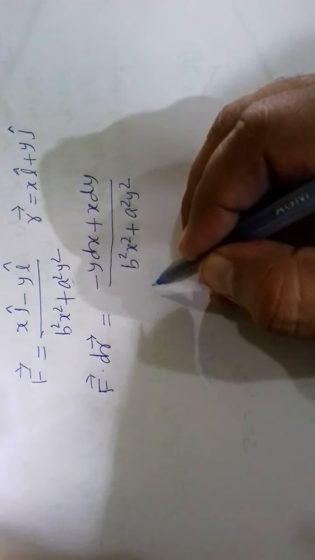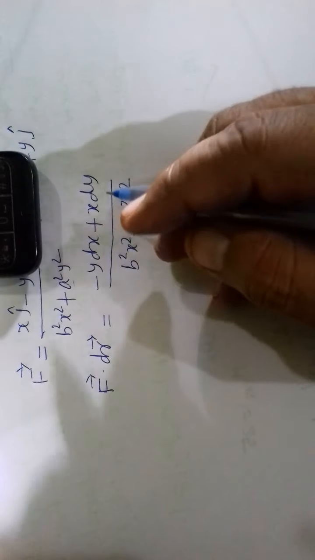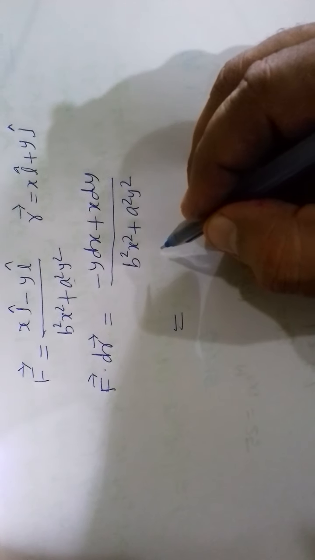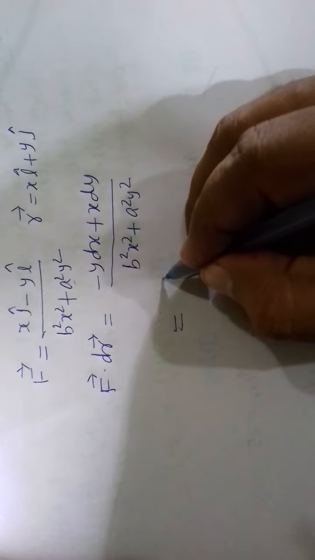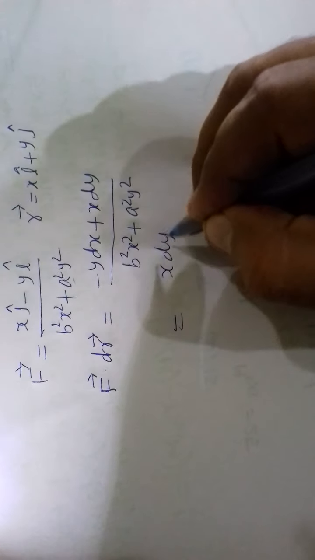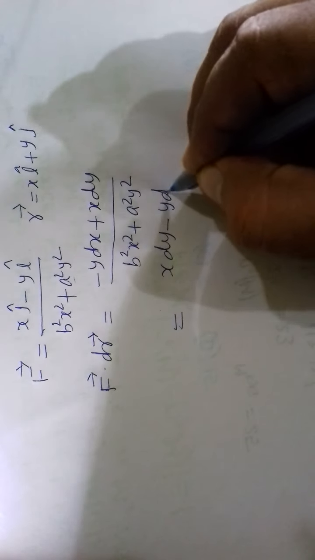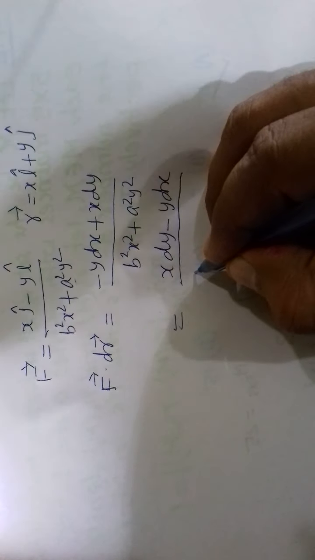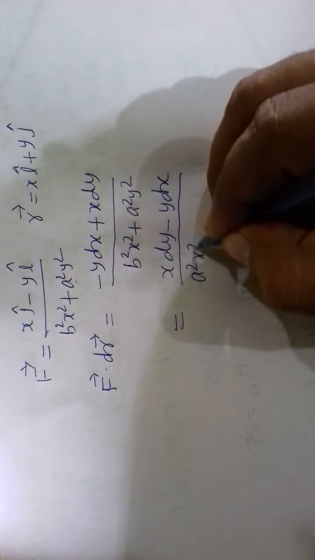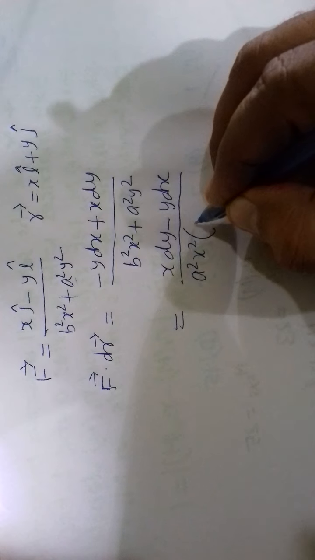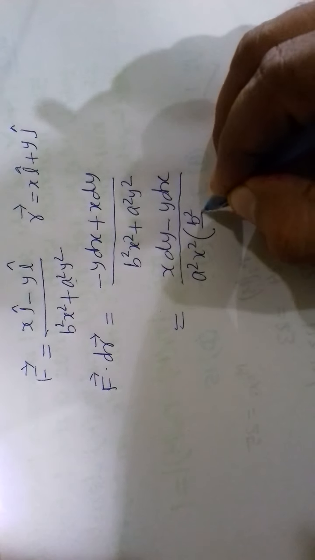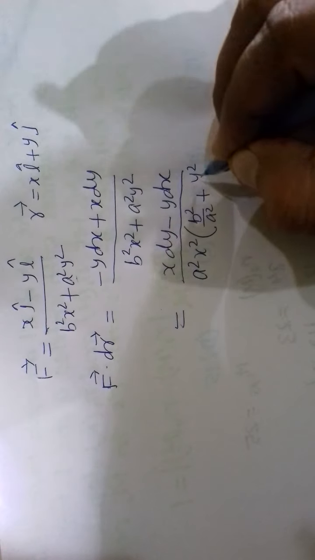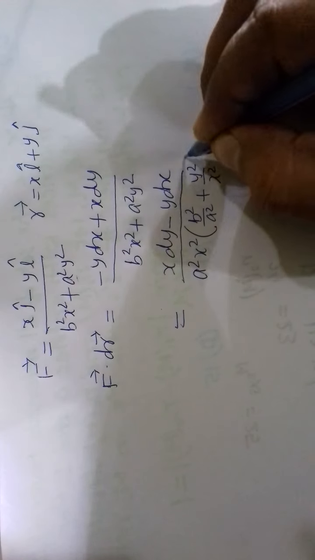Now this can be written as (x dy minus y dx) by a square x square (b square by a square plus y square by x square).